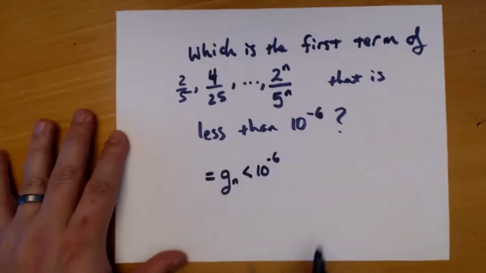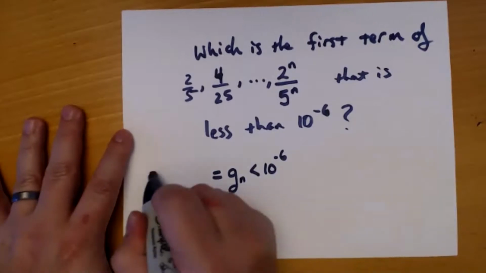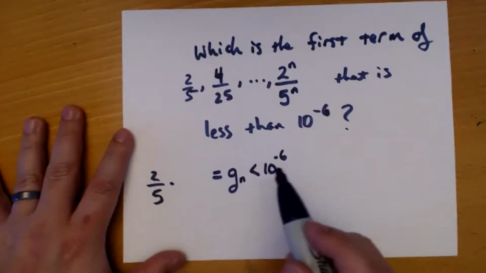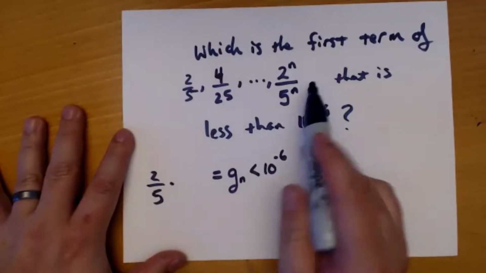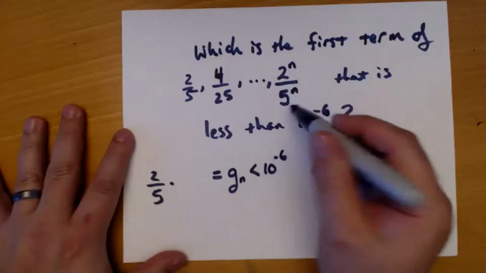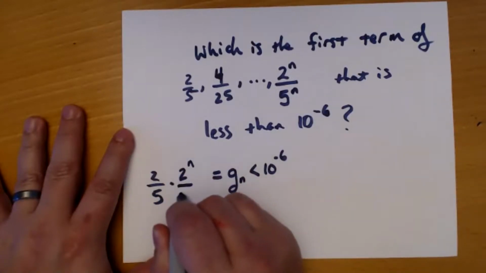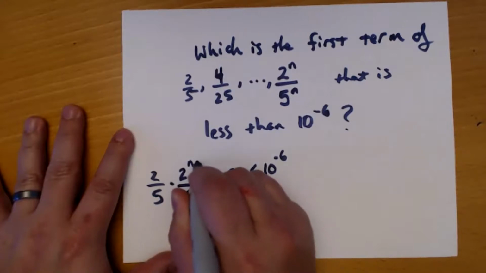And this g sub n is equal to my first term times my r, and my r is just the same thing, but it's to the negative 1.